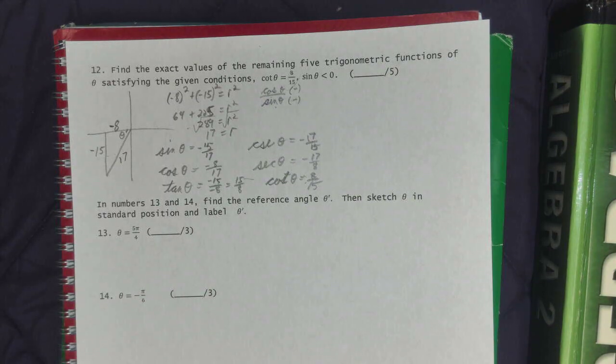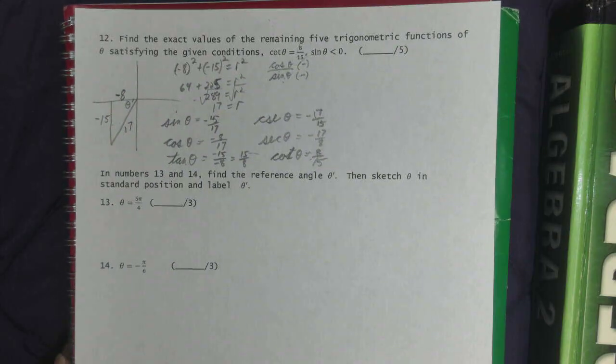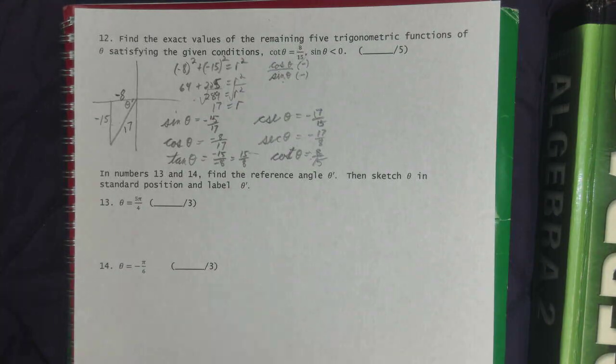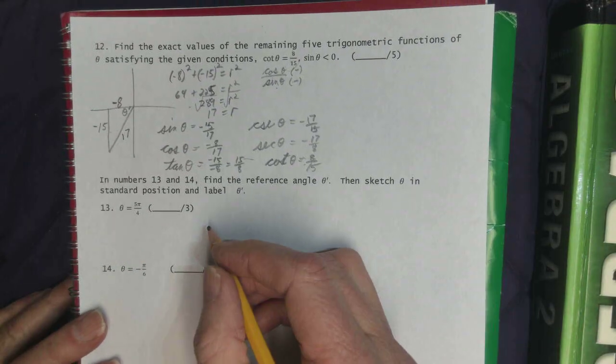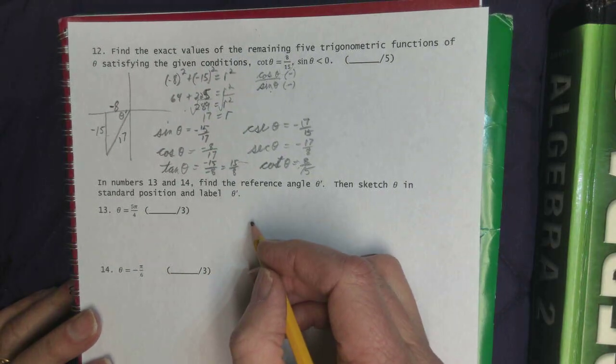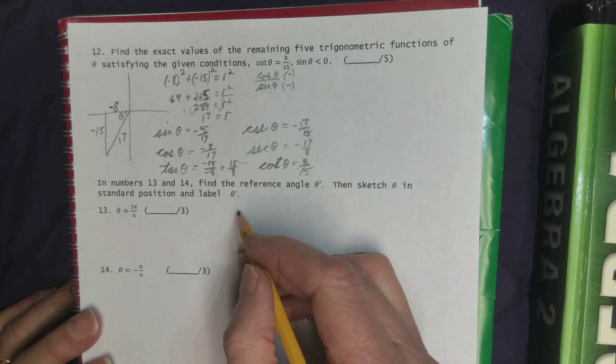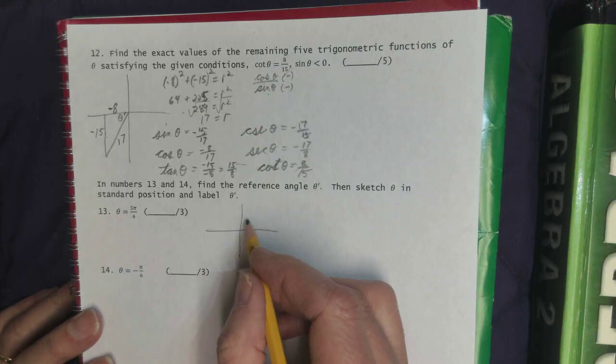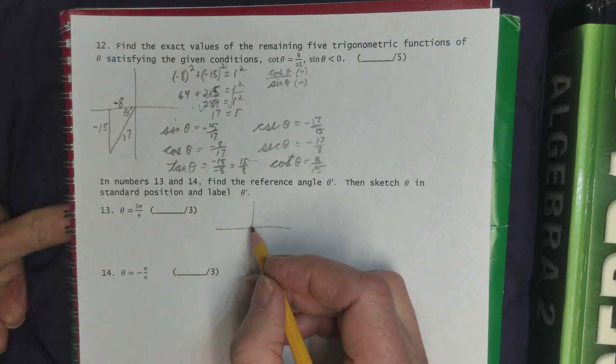All right. Now, in numbers 13 and 14, find the reference angle theta prime, then sketch theta in standard position and label theta prime. So we need to actually just find the angles. We're not going to do the trig functions of the angle, just what the angle is. All right. So I am going to sketch 5 pi over 4.